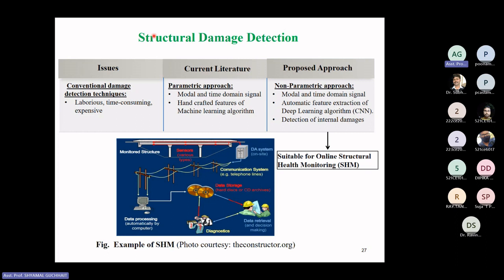Now, the conventional damage detection techniques are very laborious, time consuming, and expensive, because either we have to perform visual inspection or we have to perform non-destructive testing. The current literature shows the parametric approach, where we can use modal and time domain data, but the important features we have to capture by the machine learning technique.